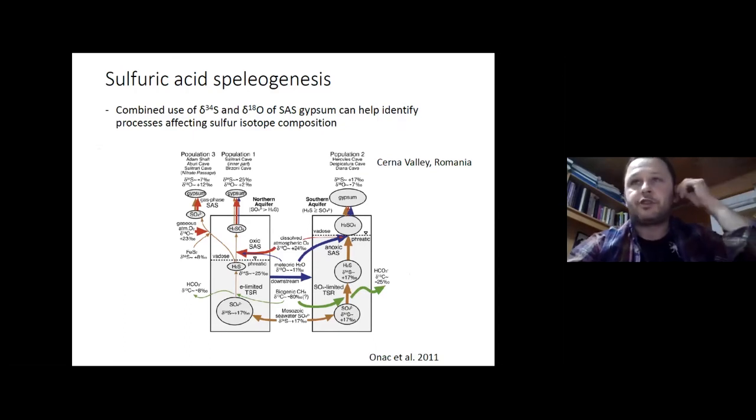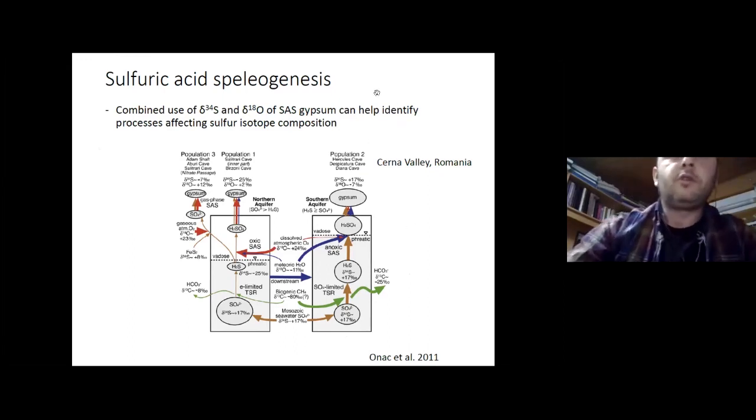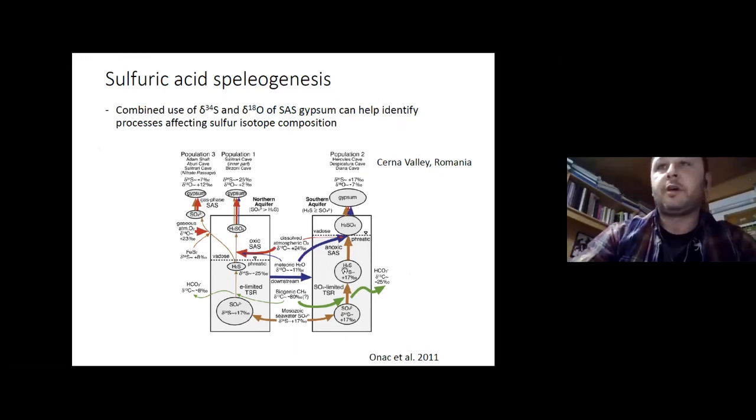This graph was already shown in Bogdan's presentation. It's a nice example from Chernobyl that he's already mentioned, and I don't want to go into detail on this. I just want to point out this aspect about different processes producing different outcomes. For example, the source of the sulfur for all of this is an evaporitic formation, which has a plus 17 per mil composition.